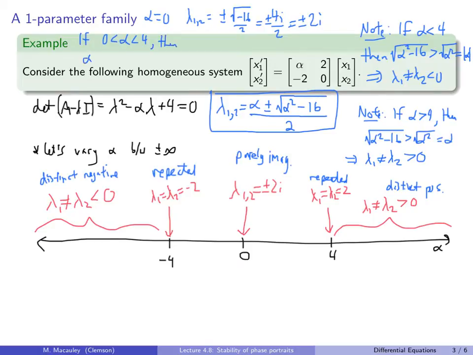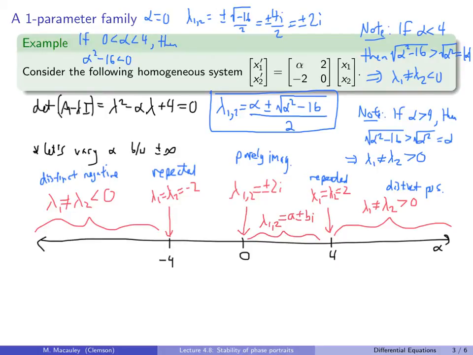Then alpha squared minus 16 is negative, and so this is when we have complex roots. In this region we have alpha 1, 2 is a plus or minus bi.